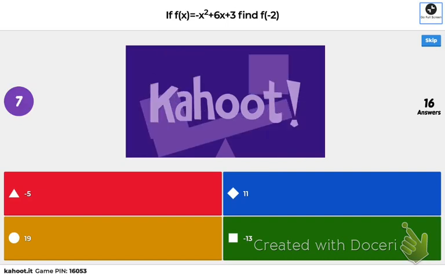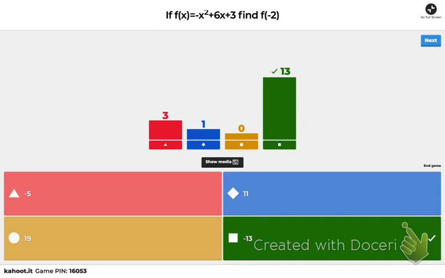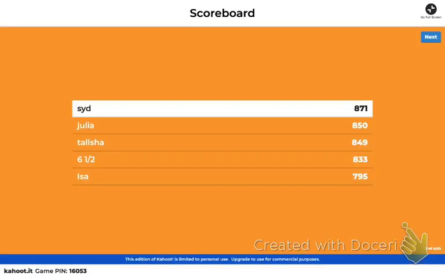All right, that's good. The majority of you got that one. That's better. It's a good start. Real good start. Okay, let's see who is leading. Sid leads, but it's so close. This could be anybody's game still. All right, let's try another one.